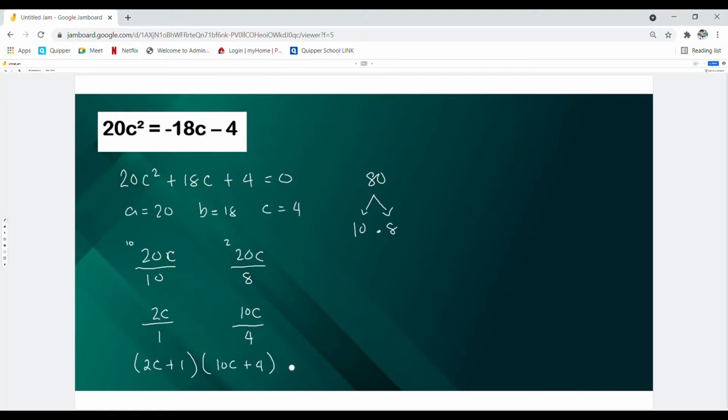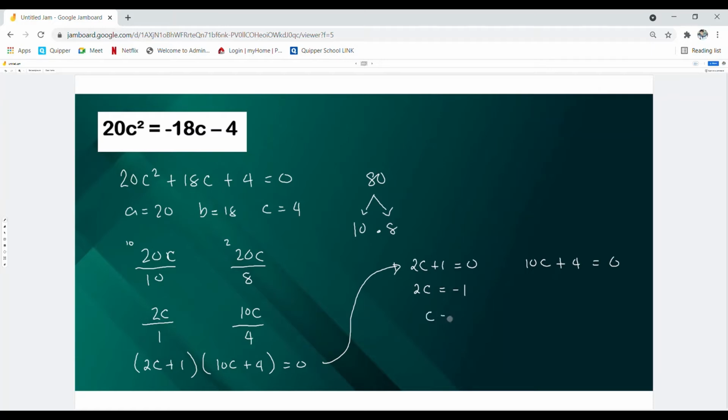That's equal to 0. Now you can equate those factors to 0 to solve for your values of c, or the roots. So 2c plus 1 equals 0 and the other one is 10c plus 4 equals 0. So you transpose 1, that becomes negative, and so you have to divide both by 2.